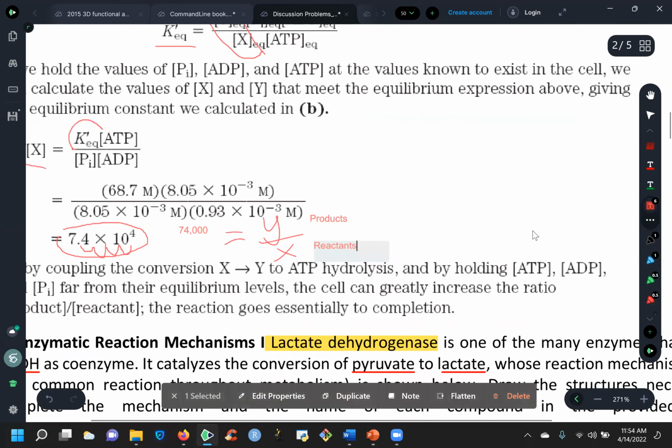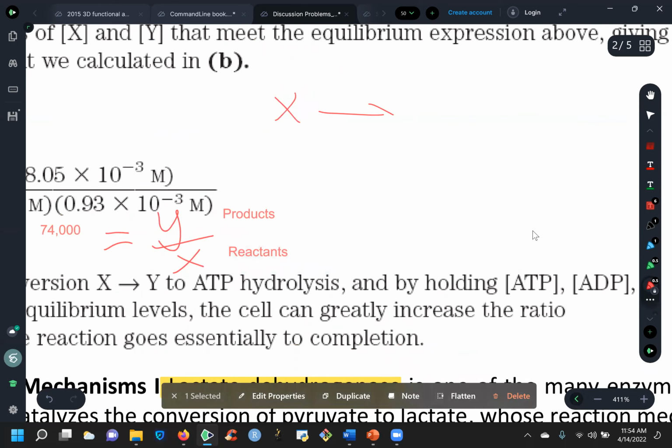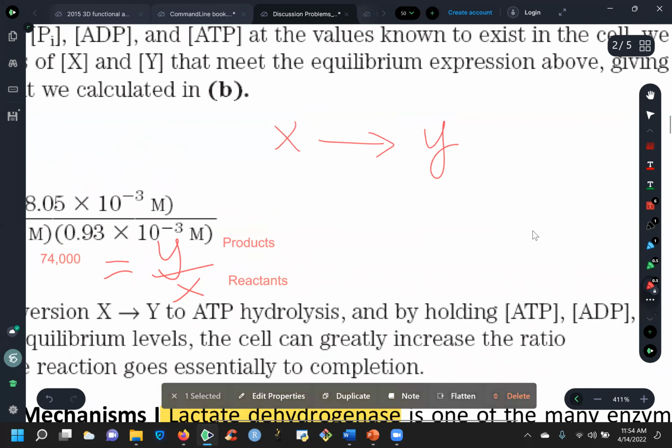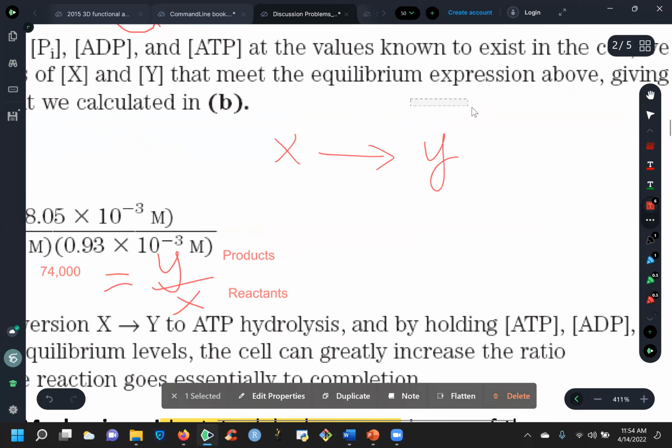Over here we have from X to Y. If the ratio of products to reactants is really high, which here it is, 74,000, that means there are 74,000 more products than there are reactants. What does that mean? The reaction is moving in which direction? To the right. And what does that mean about your delta G? It's negative.